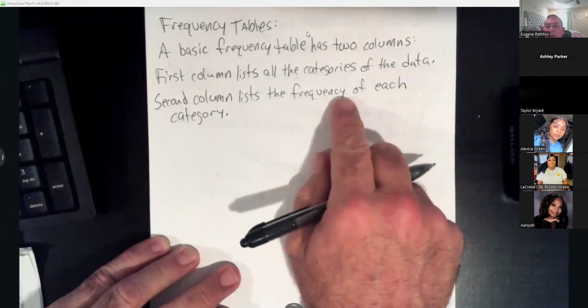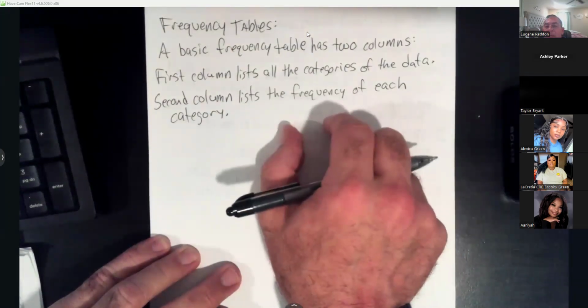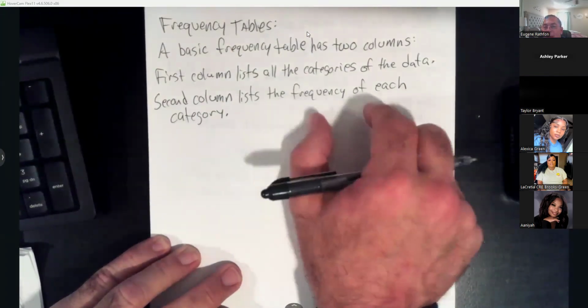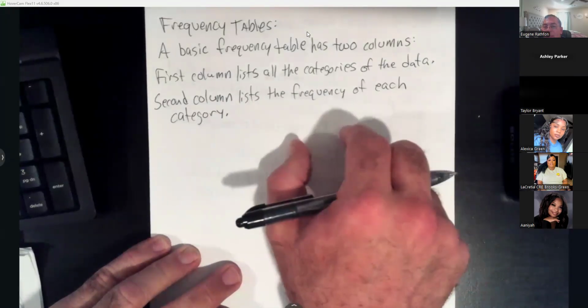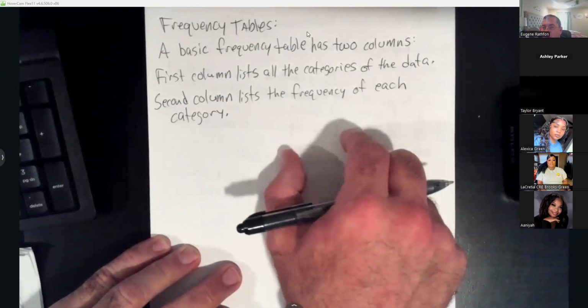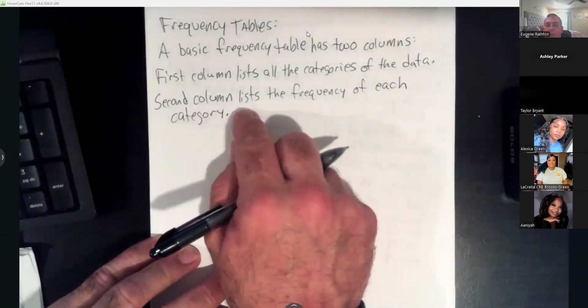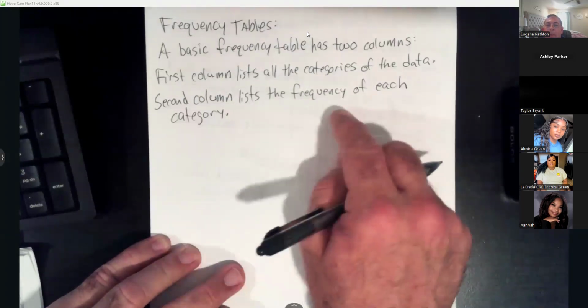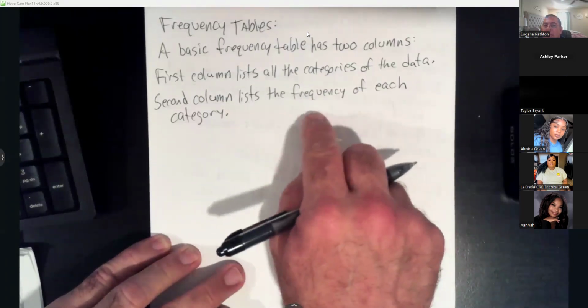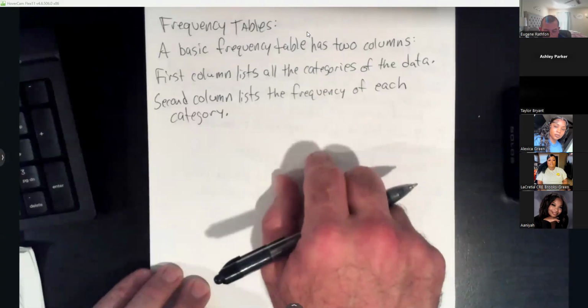So what we mean by frequency is how many did I get for my A's? How many did I get for my B's and so forth? Okay, so we'll have our categories broken down and then how many times each one of them occurs, okay?